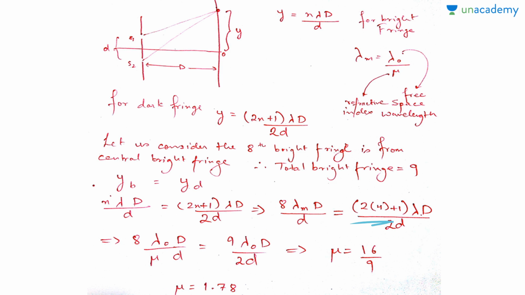Cancelling d, D and lambda naught, we'll find that mu is equal to 16 by 9, that will be equal to 1.78. Yet again this was a question above the moderate level and below the difficult level.